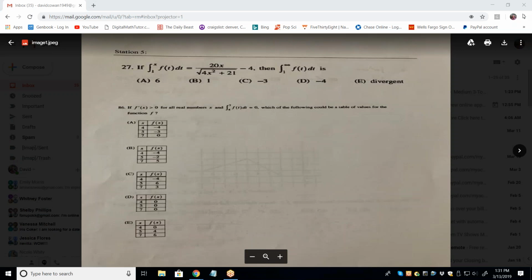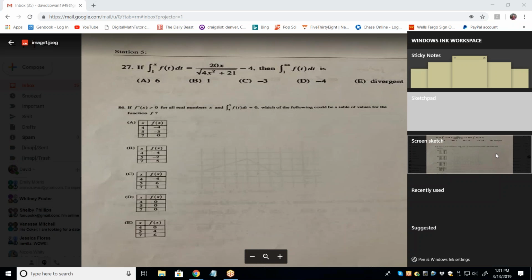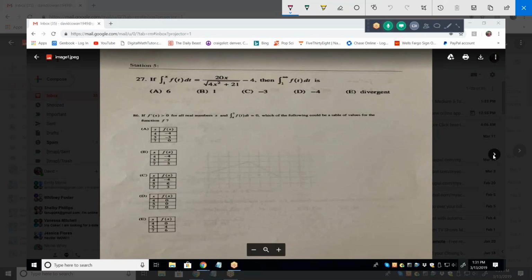Show you exactly how I do it. I decided I would graph them. So I'm going to graph the first one. I'm just going to plot points. In other words, at 4, we're at minus 4.